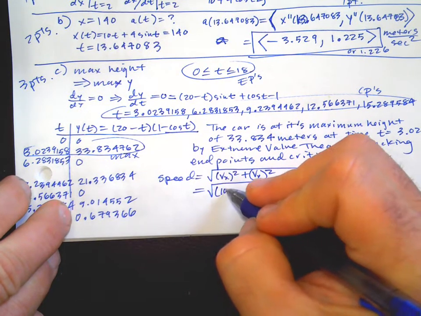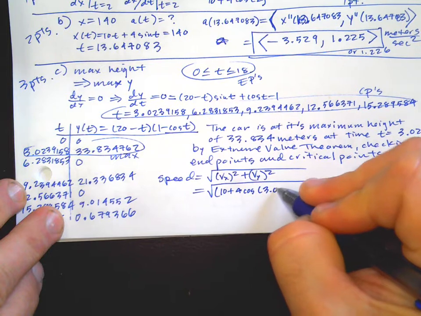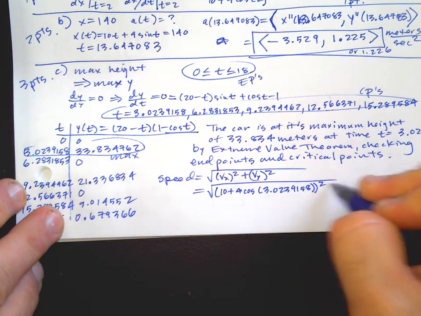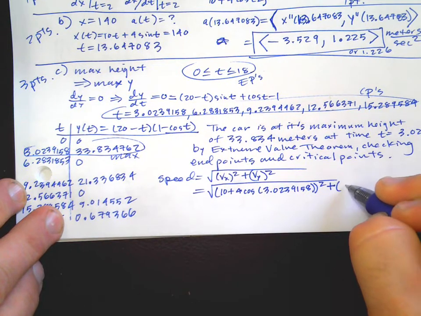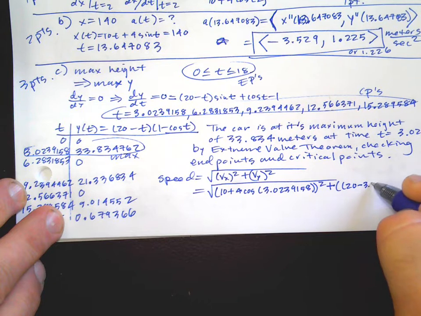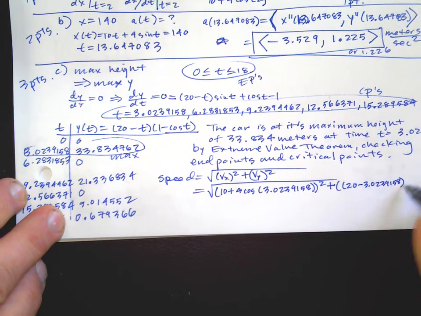So 10 plus 4 cosine 3.0239158 squared, and then 20 minus 3.0239158 sine of 3.0239158. I don't know if we need to write all this, but why not? I'm already committed.